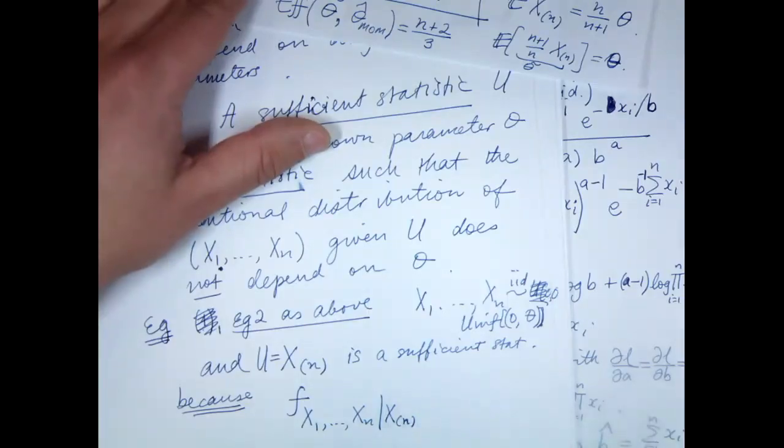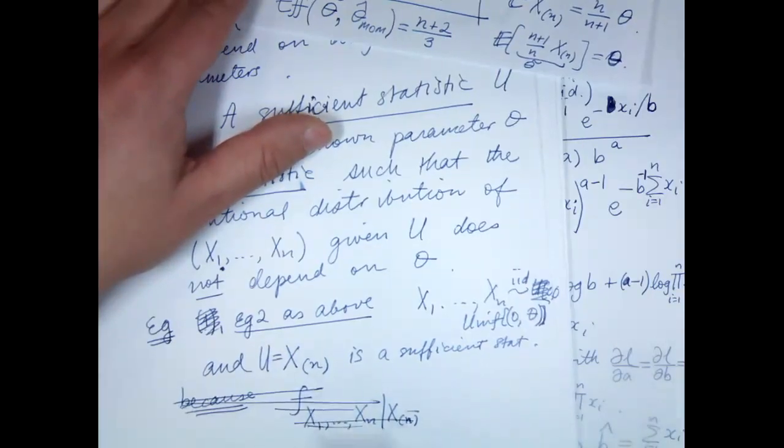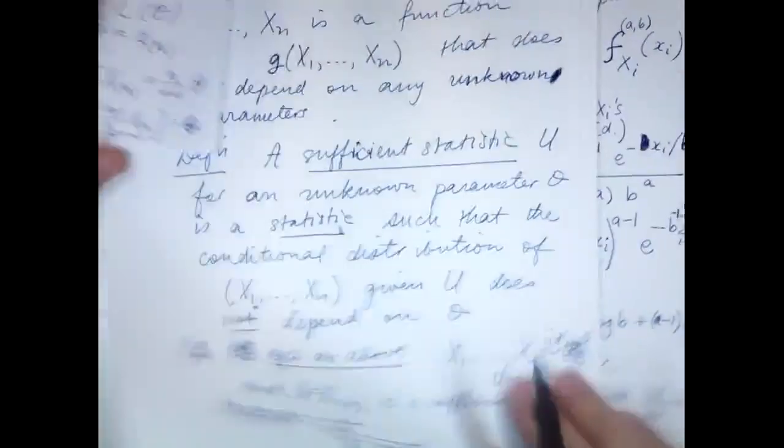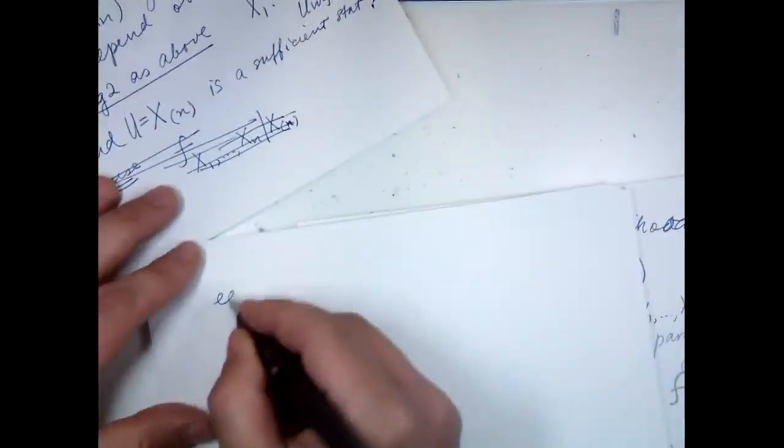Actually, it's a bit hard to write that as a joint density. So let me not go into the reason right now. I'm going to give another characterization, but before we do that, let's do an example that's easier to work with.